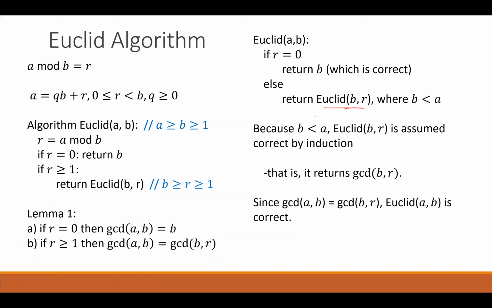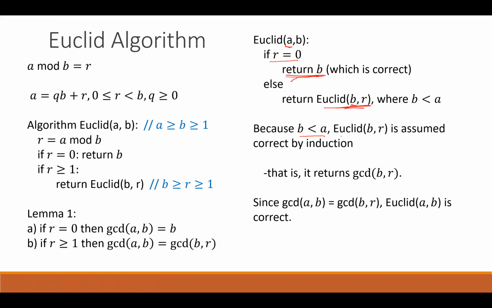Now we can use induction on this recursive call. If the remainder is equal to 0, we return B, which is the greatest common divisor of A and B, as we discussed earlier, simply because there cannot be a common divisor greater than one of the numbers. So B is the greatest possible. And then we will rank our calls on the first number A. When I make my recursive call to Euclid, I know that B must be less than A. If it was equal, I would have returned.